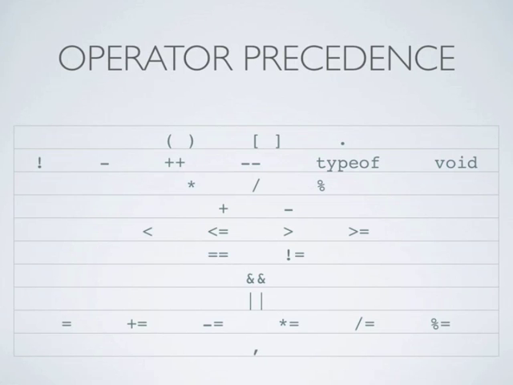Then we start running into a lot of our comparison operators, less than or equal to, greater than or equal to, followed on the next level by the equality operator and the non-equality operator. We then have our guard and our default operators. Then we've got our assignment and all of our shortcut operators. And then the very lowest level of precedence in JavaScript operators is the comma, which we will not see used very often at all.